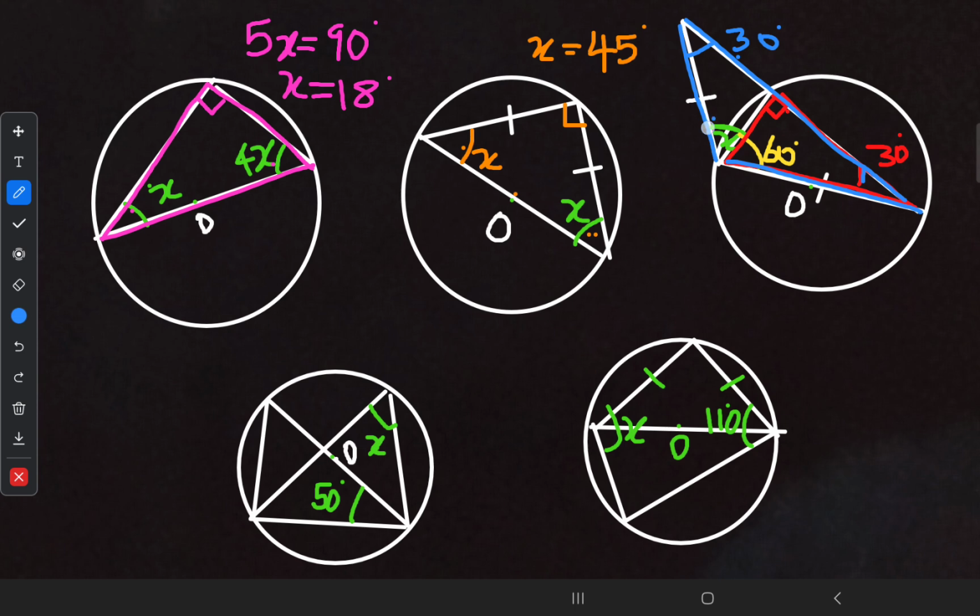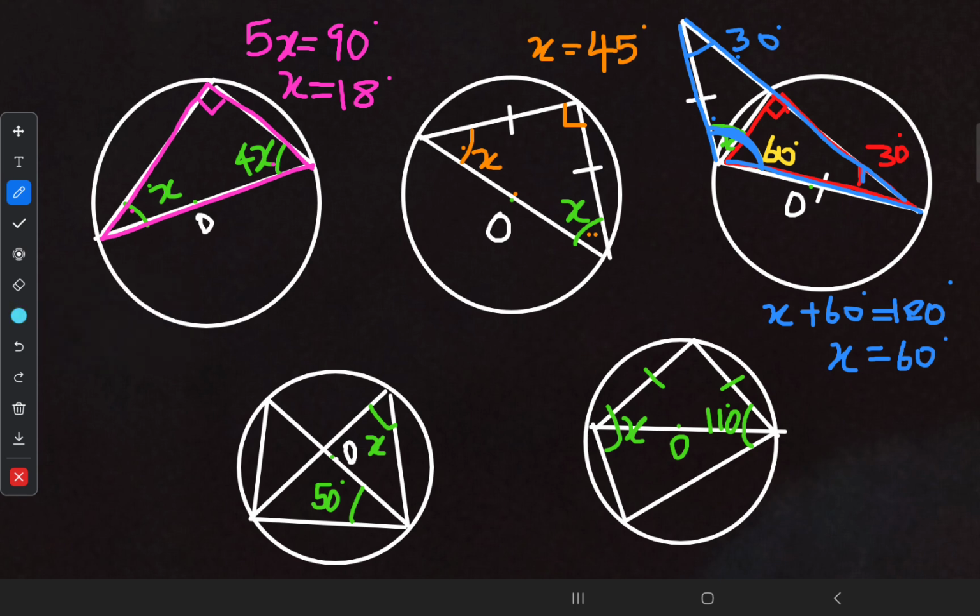So x plus 60, this total angle would be 120. Why? Isosceles triangle. X plus 60 equals 120. So x would be 120 minus 60, that is 60 as well.